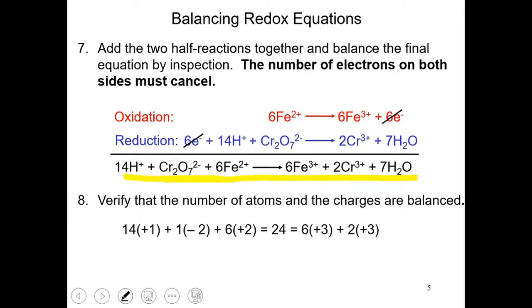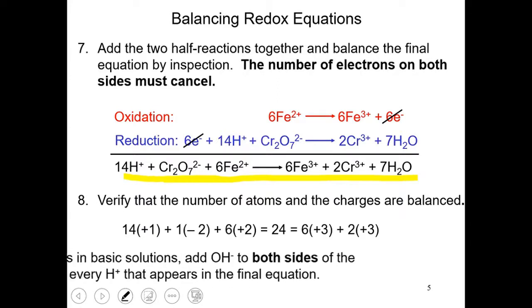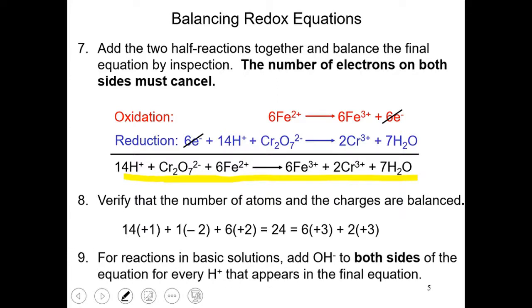And then we are going to add hydroxide ions to both sides of the equation, one hydroxide for every H plus, so that when you combine them, the hydroxides and the hydrogens become water molecules.